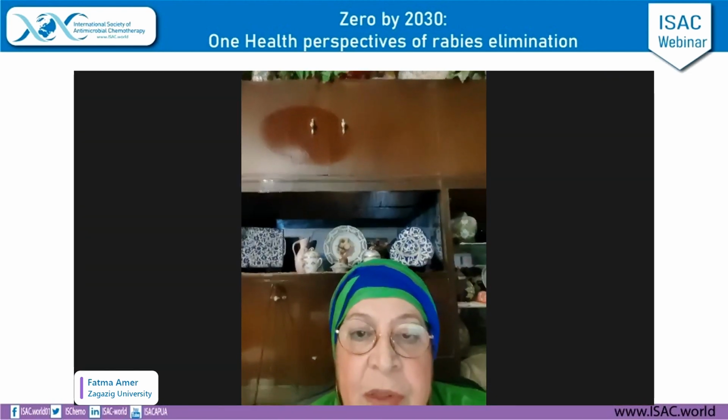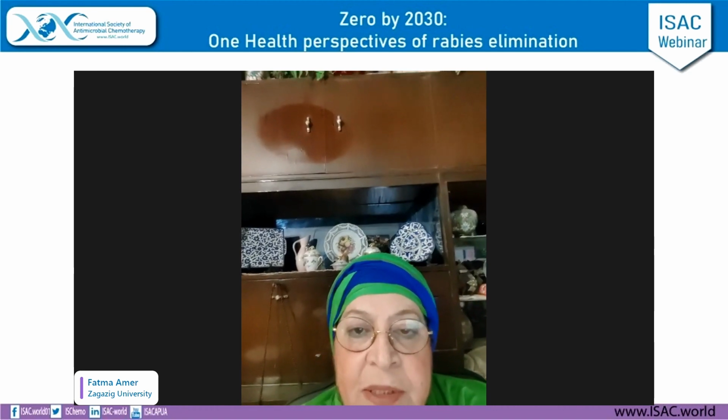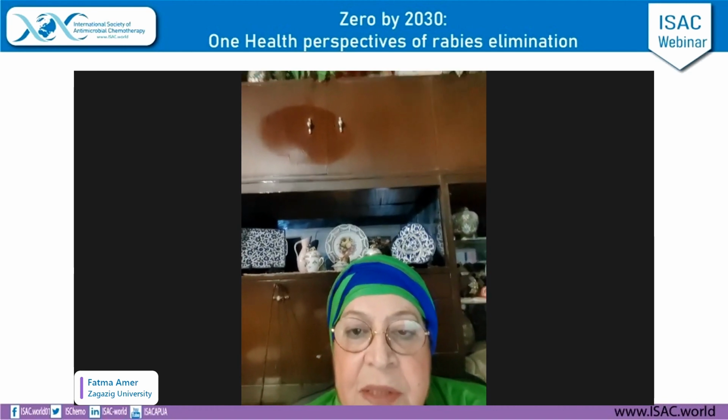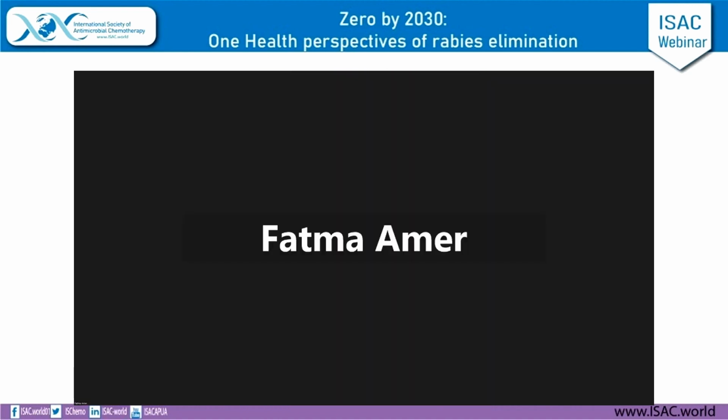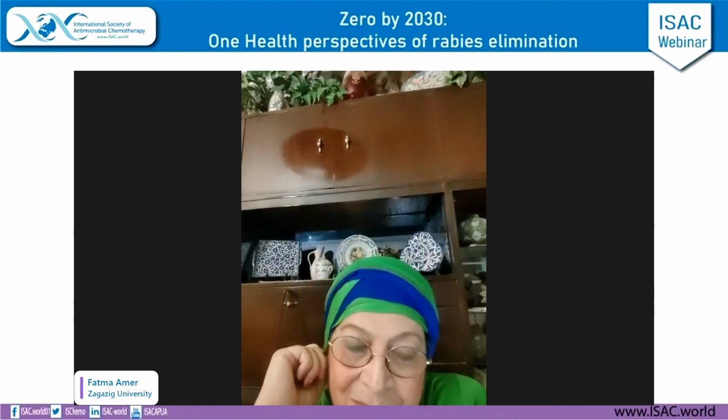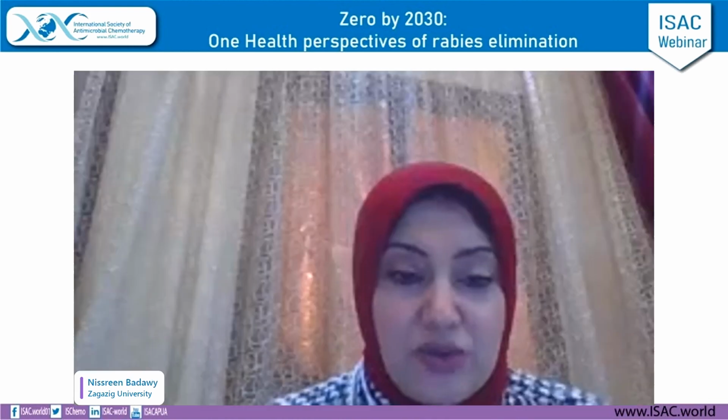Thank you, Nissreen. There is another question from Hasnain Sajad. I hope I am pronouncing the name in a good way. What do you recommend for combating rabies in developing countries? Prevention is the best way for prophylaxis of any disease.